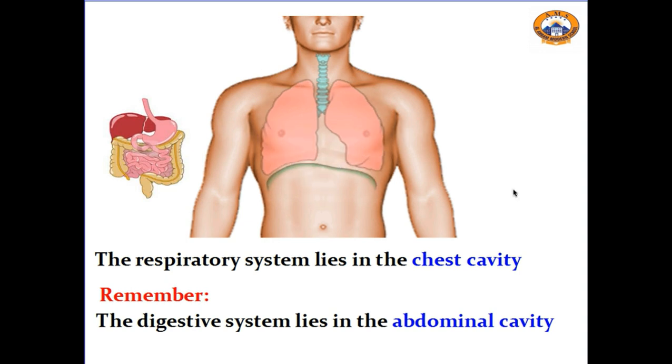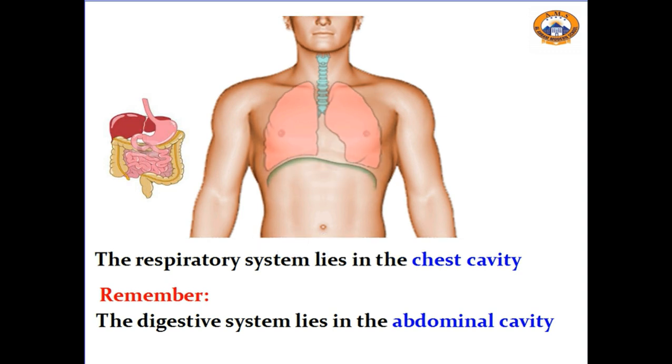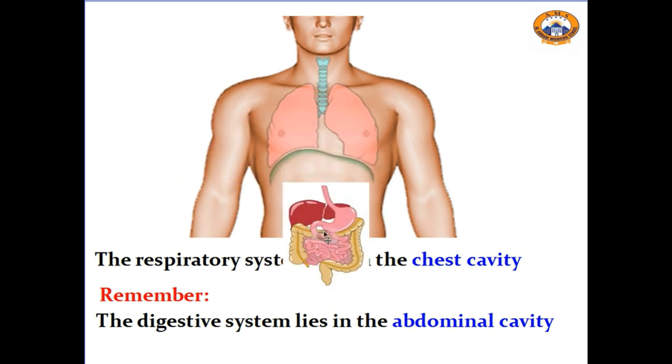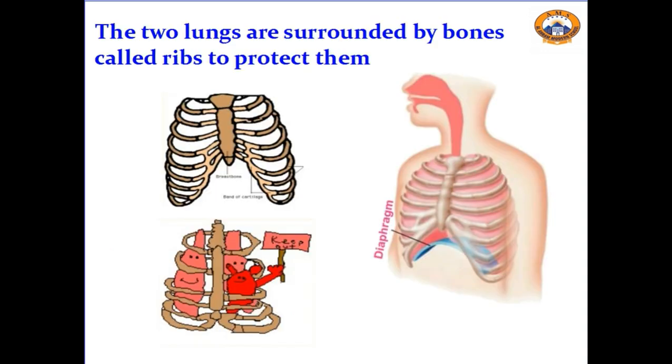So we have two cavities now: the chest cavity at the top, where the respiratory system exists, and beneath it the abdominal cavity, where most of the digestive system exists.